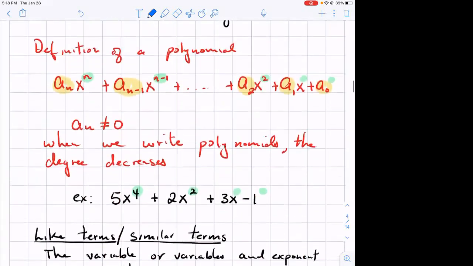Something to note in the definition of a polynomial is that every single n is positive. The power of n is positive. So in polynomials, if the power is negative, it is not really a polynomial.